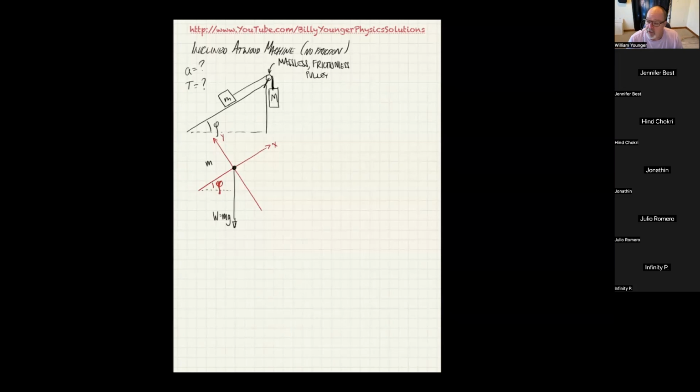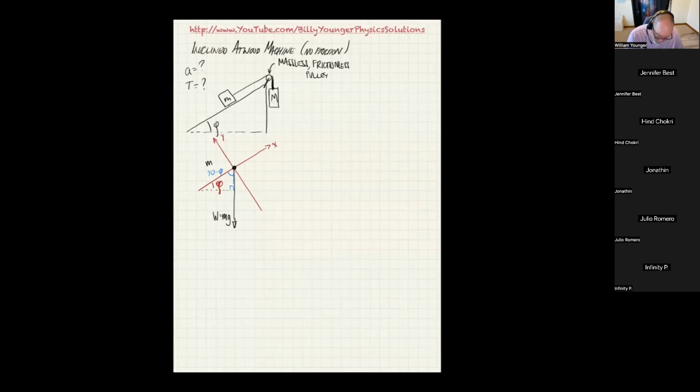The main thing to realize is that if I continued this dashed line up to here and then went up that way, see the blue lines I just put, we'd realize that that's a right triangle, and that means this angle is 90 minus phi.